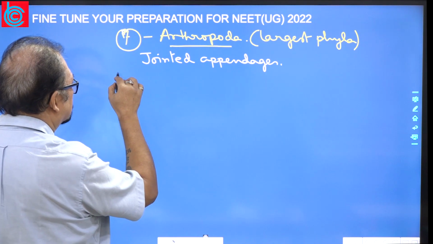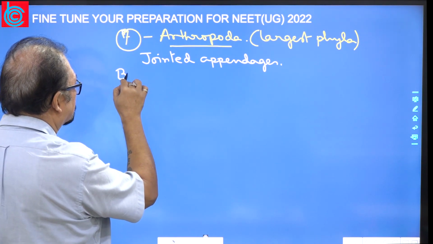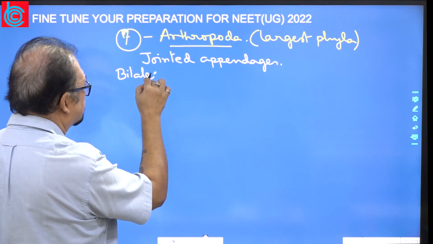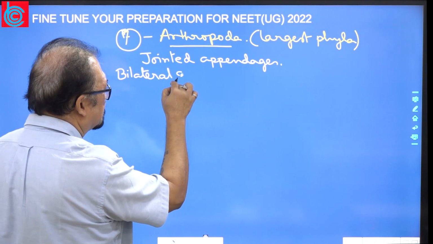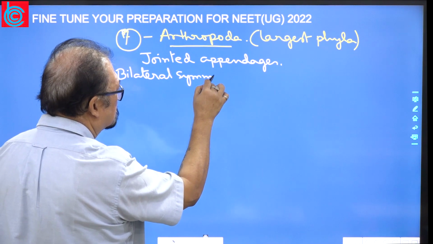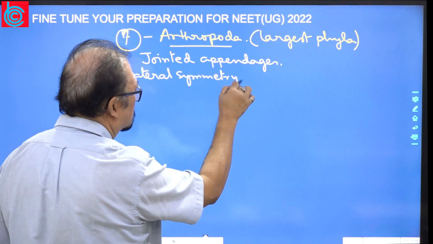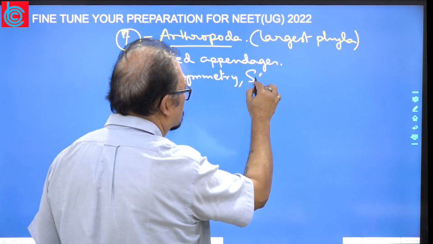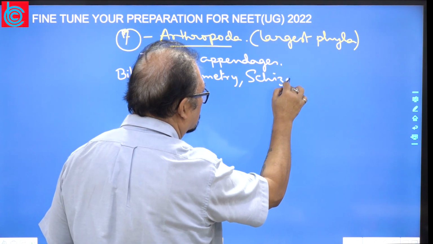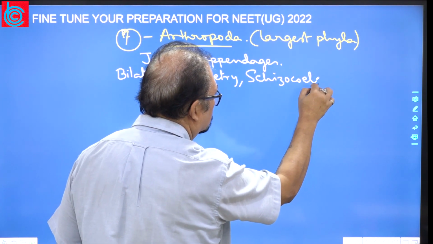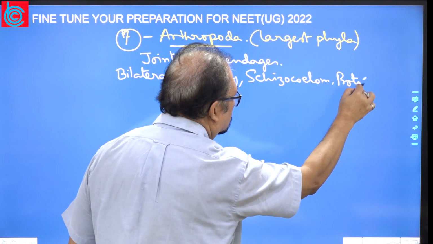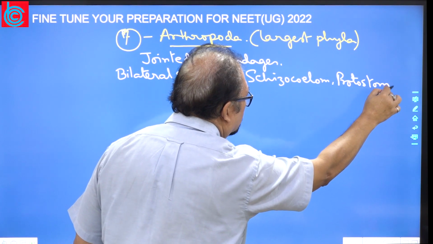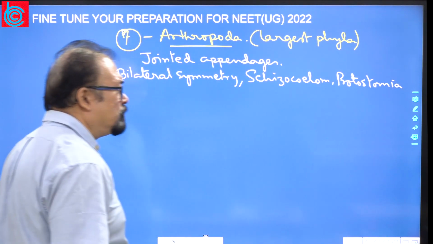So other points? Bilateral symmetry, schizocoelom, protostomia because mouth is forming first, tube within tube.